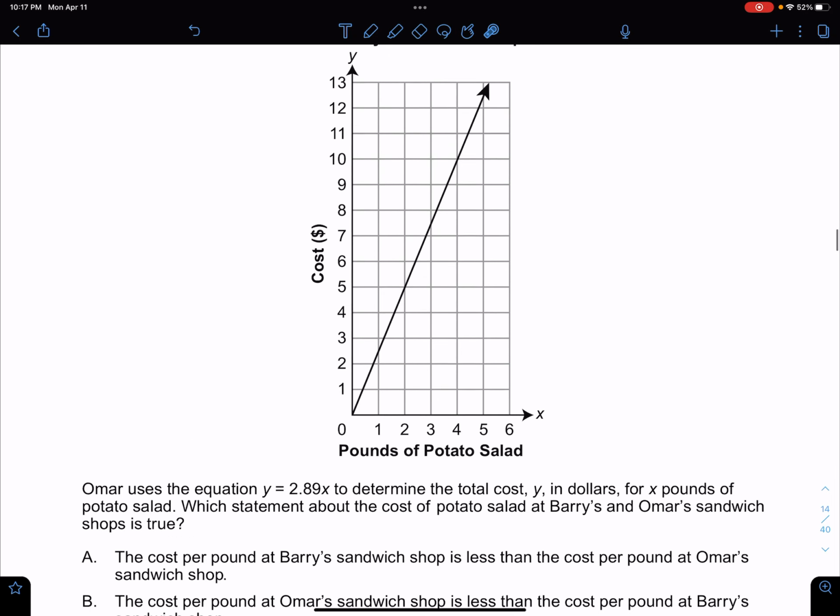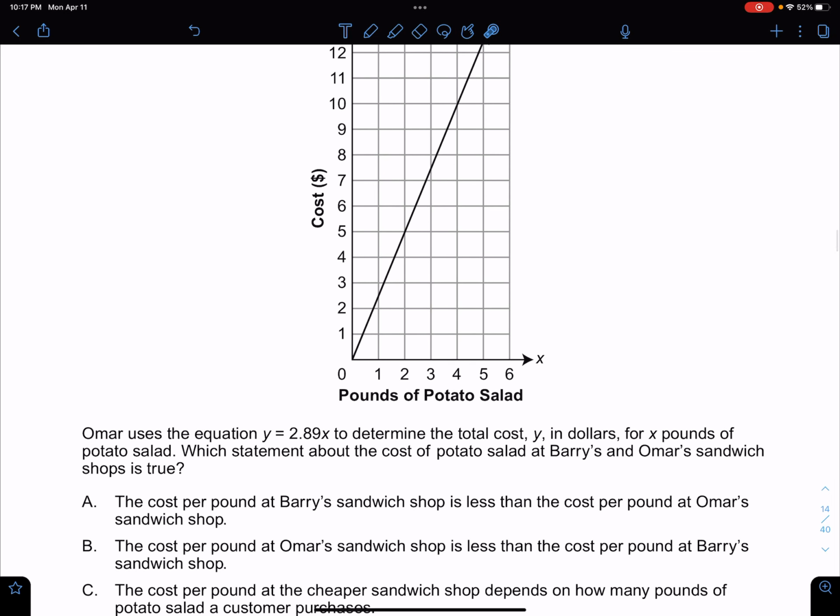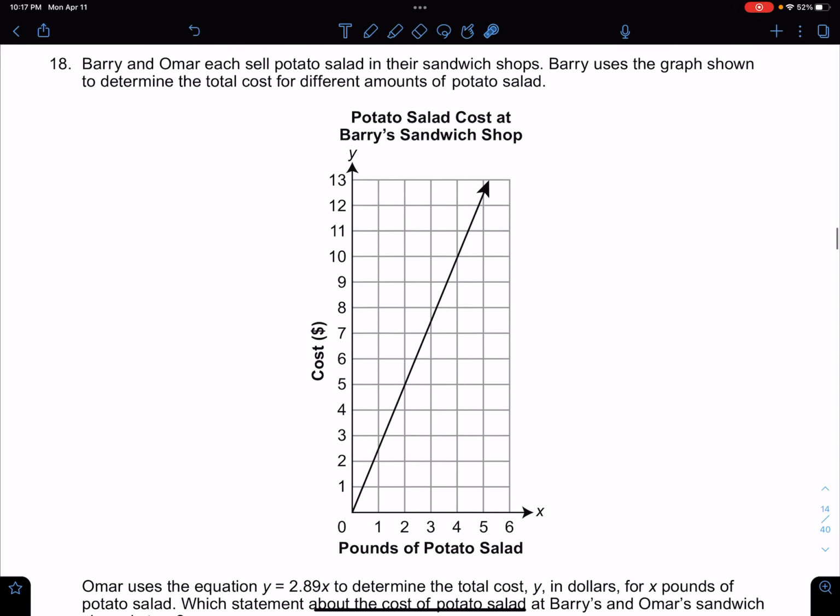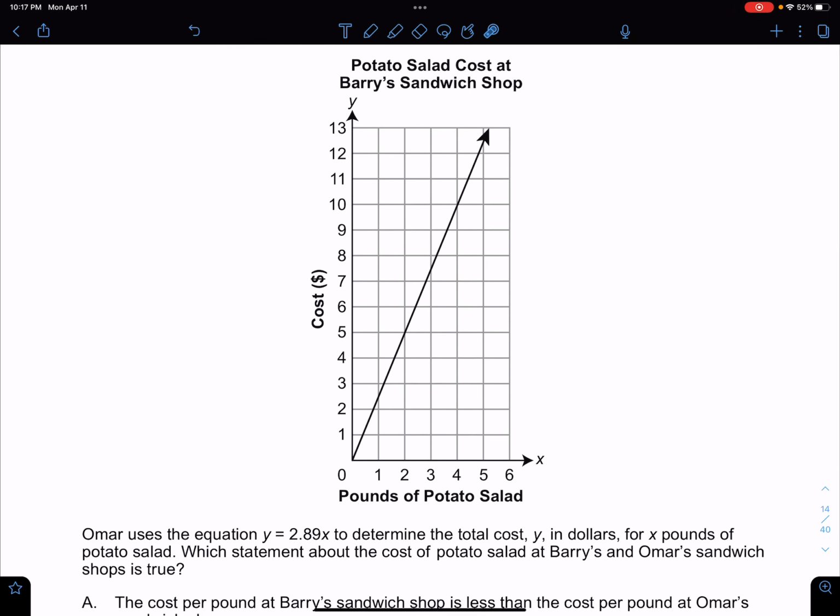Omar uses the equation y equals 2.89x to determine the total cost, y in dollars, for x pounds of potato salad. Here's the difference: Barry puts his money based on the pounds of salad he sells on a graph, and Omar puts it in an equation.